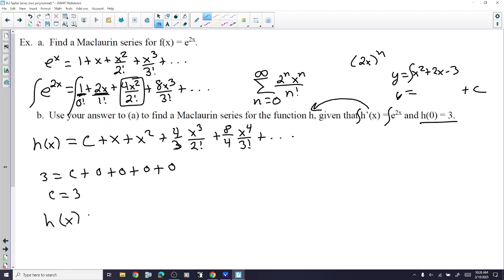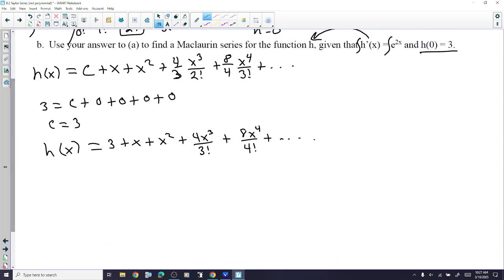So h of x is equal to 3 plus x squared plus 4x to the third over, if you want to get really clever, it's over 3 factorial, plus 8x to the fourth over 4 factorial. Keep on going, because 2 factorial times 3 is 3 factorial.